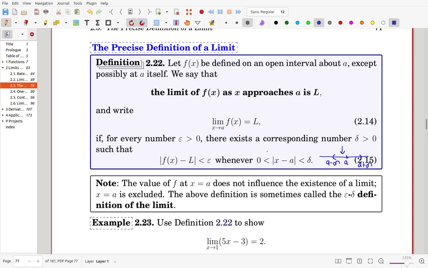That means if x is close to a, then the function value at x is close to L. So that is the precise definition. Once it is satisfied, then we say the limit of f(x) as x approaches a is L. Okay.